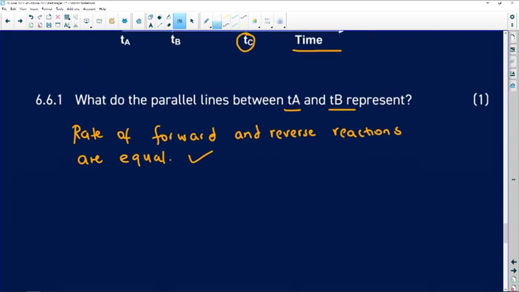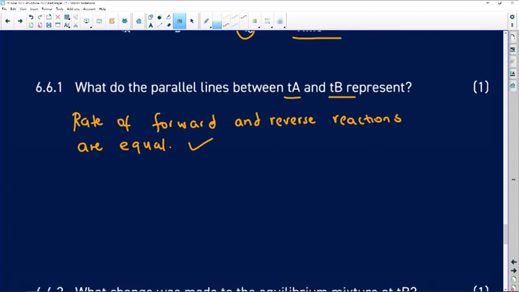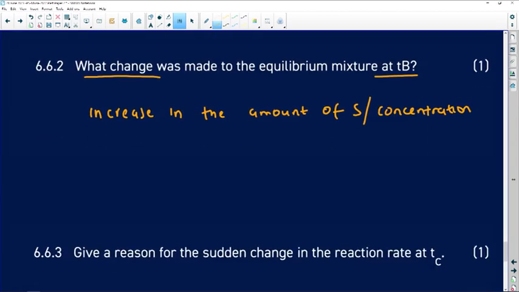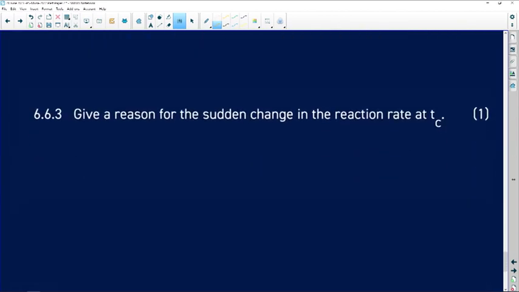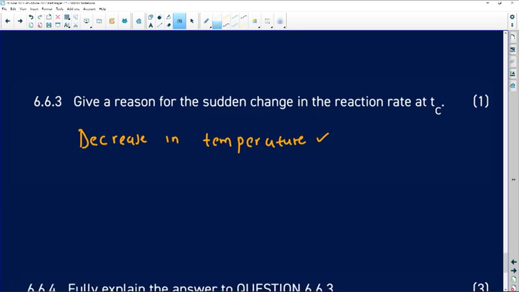What causes that? It means we had a decrease in temperature. I'm sure the examiner is going to ask us to give a reason for your answer there.